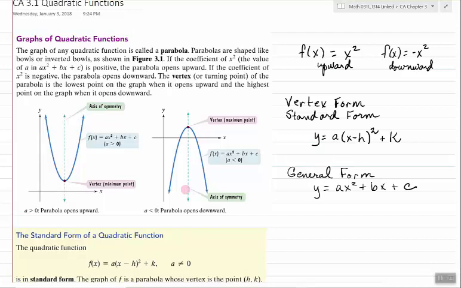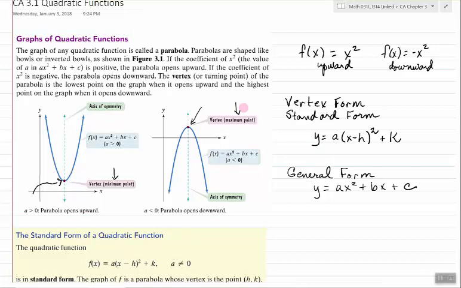Now, to find that number so that we could actually get the axis of symmetry formula, we have to know the vertex. If the parabola opens upward, then the vertex is a minimum point. It is the bottom point. If the parabola opens downward, then the vertex is a maximum point. We have discussed that using our TI-84 graphing functions.